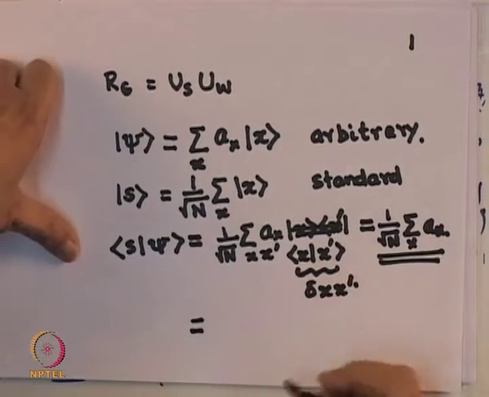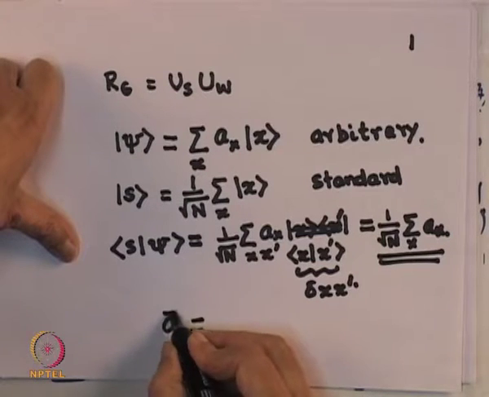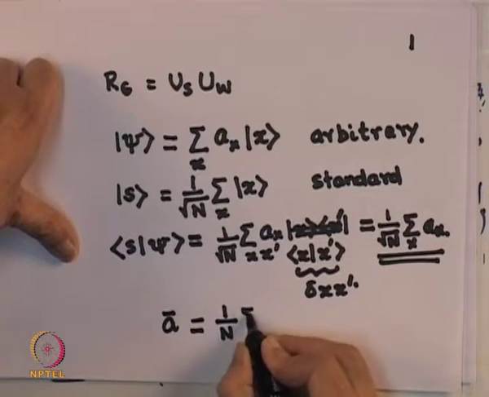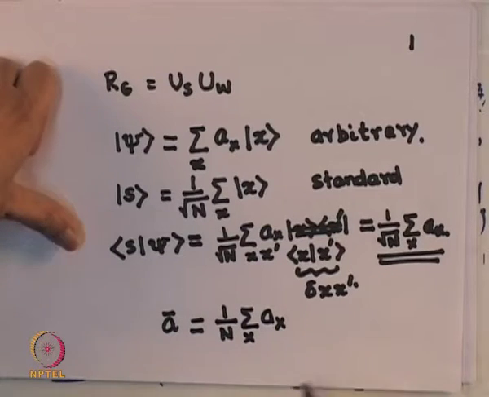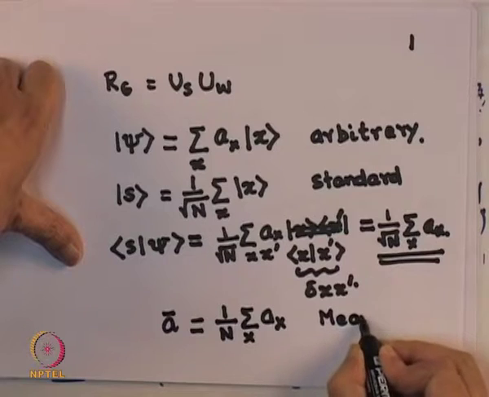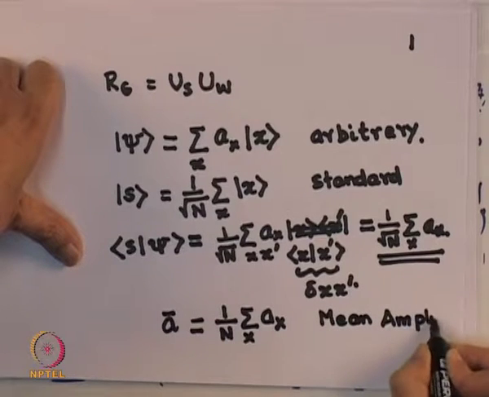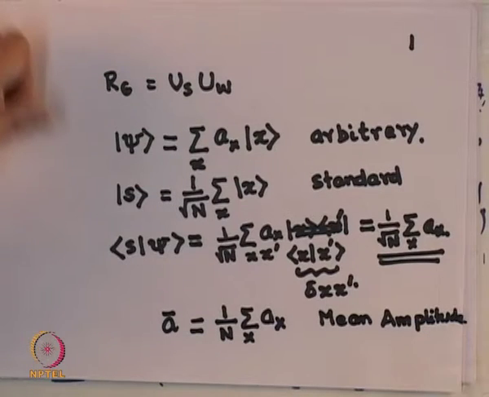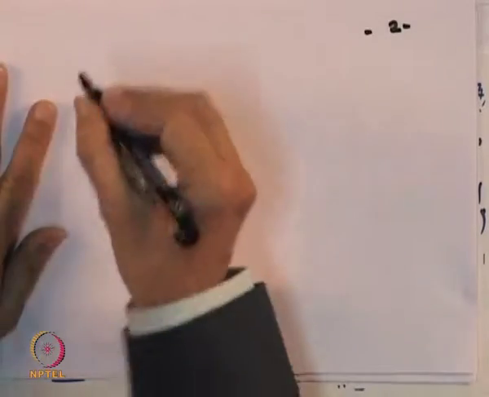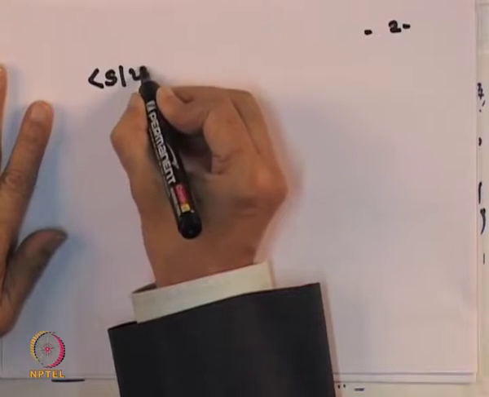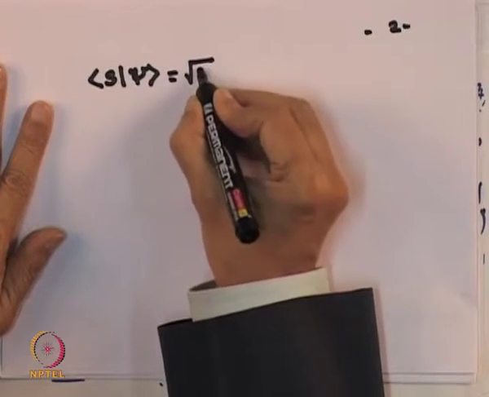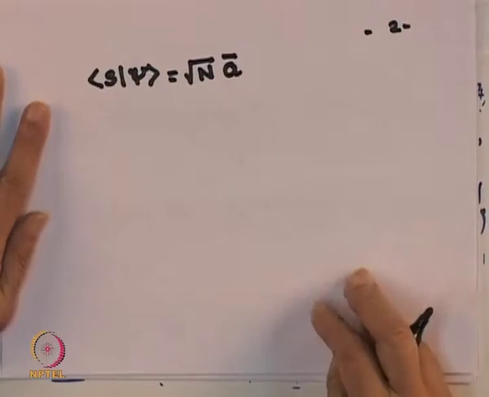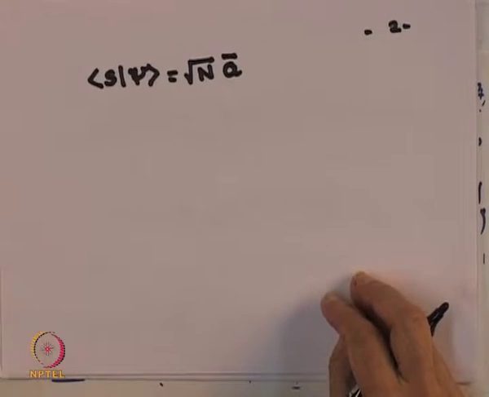So if I define A bar as 1 over n times the sum over x of Ax, which is nothing but the mean amplitude, then I can write the scalar product of S with psi as equal to square root of n times the mean amplitude A bar, where A bar is simply the arithmetic average of the amplitudes of psi in the computational basis.